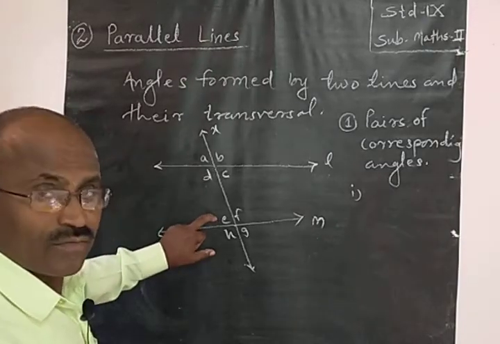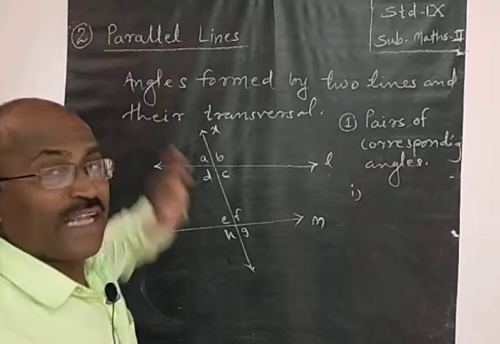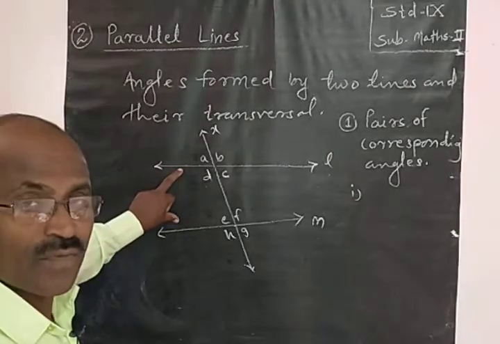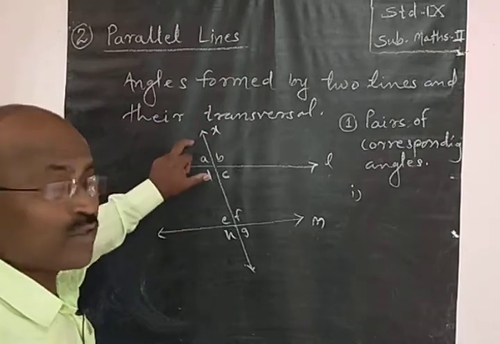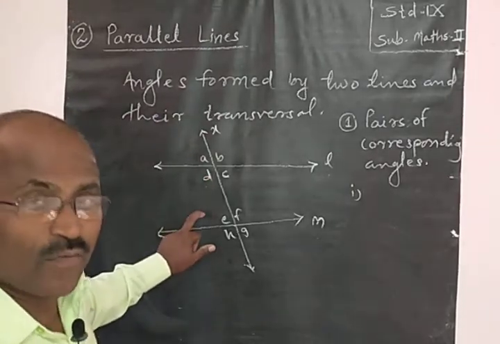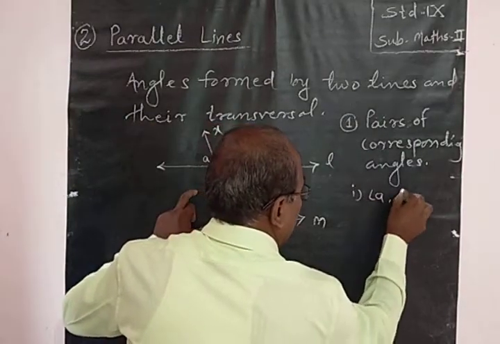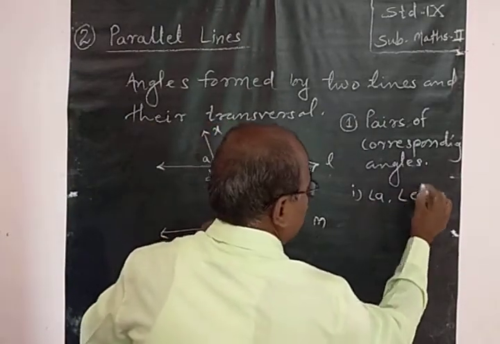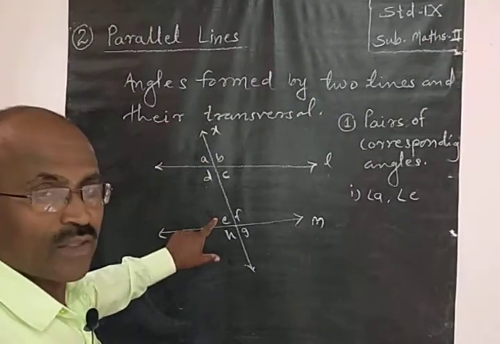Now which are the corresponding angles here? The angles which are on the upside of the two lines, two angles on the upside, is one pair of corresponding angles, that is angle A and angle E. This is one pair of corresponding angles.